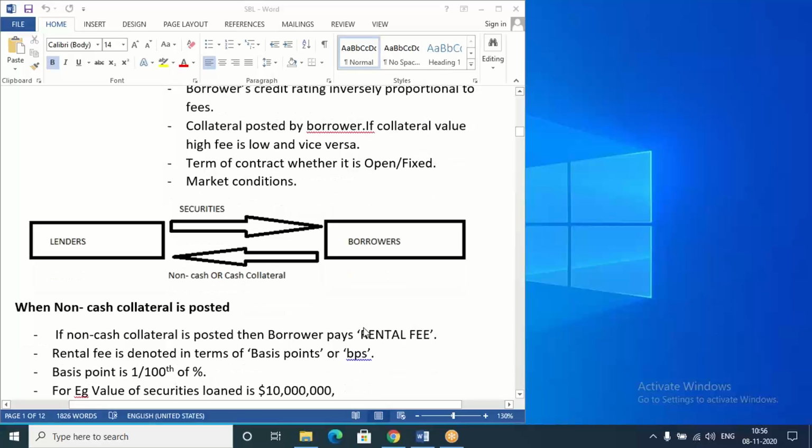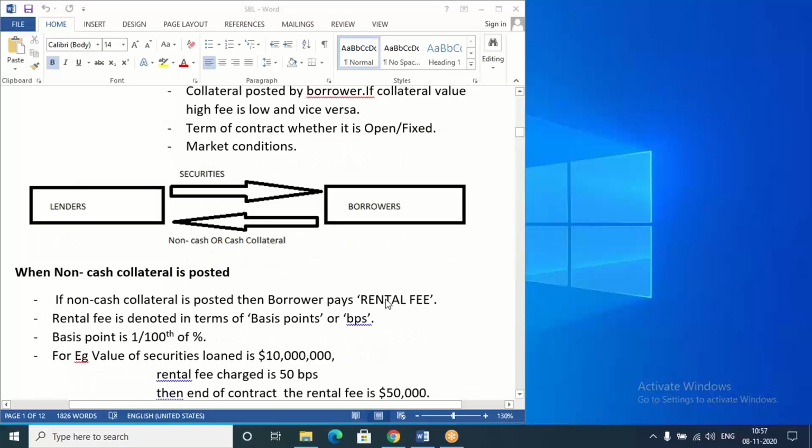In that case, it's just the rental fee that is charged by the lender. The rental fee is then denoted in terms of basis points. So you know what basis points are, right? Yes or no? Yes, right? A basis point is 1/100th of a percentage.